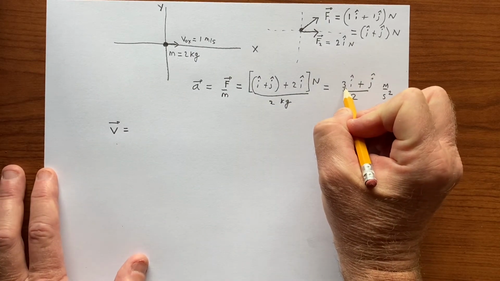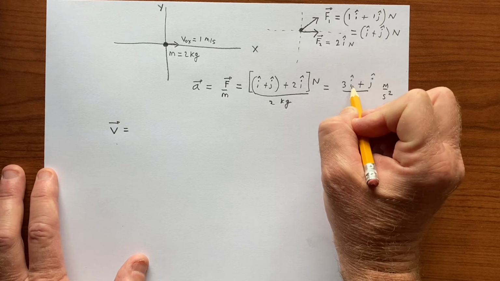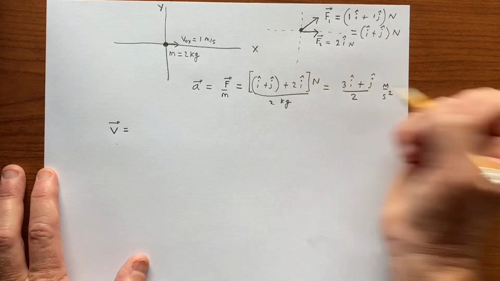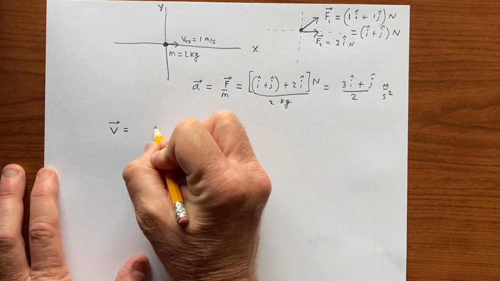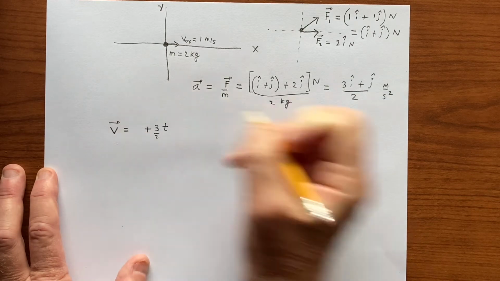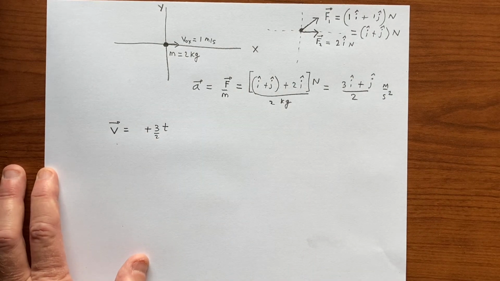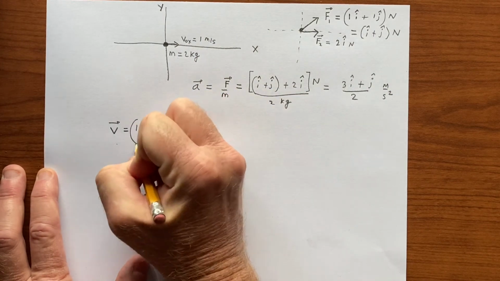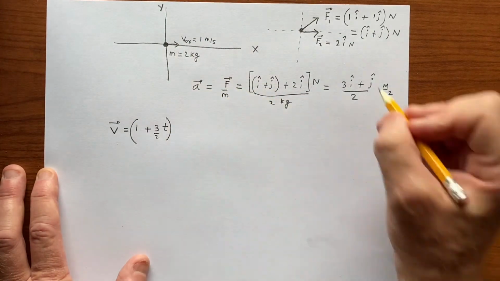We have the v naught plus a times t, and the a is 3 halves actually. So we have 3 halves t plus the v naught x, which in this case is 1. So we have 1 plus 3 halves t.